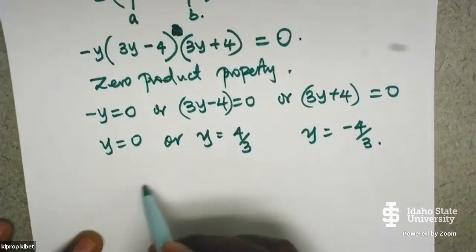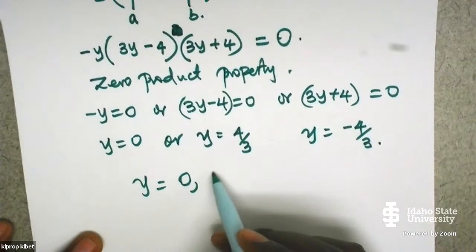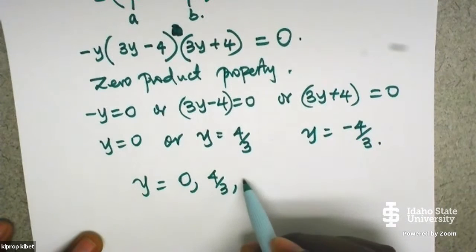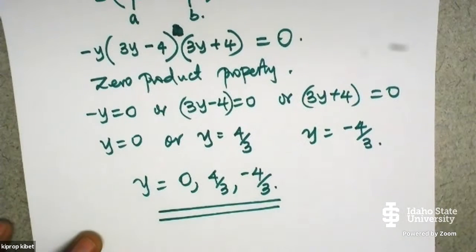So our solution is y equals 0, 4 over 3, minus 4 over 3. Are we together?